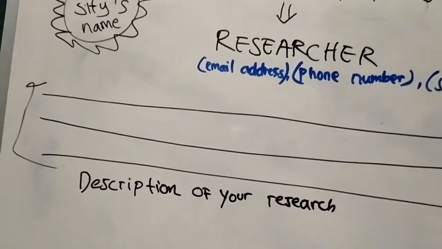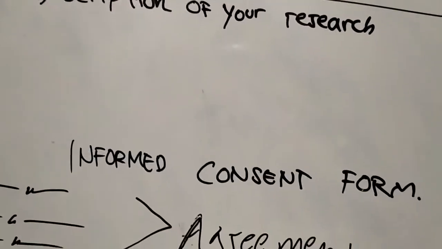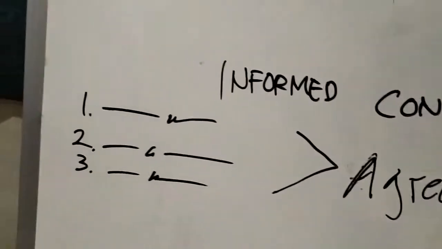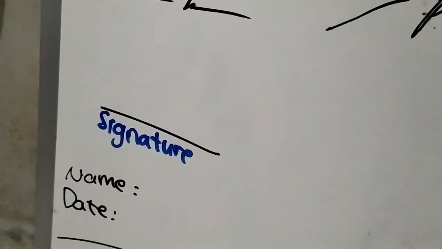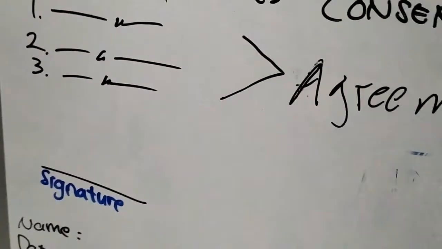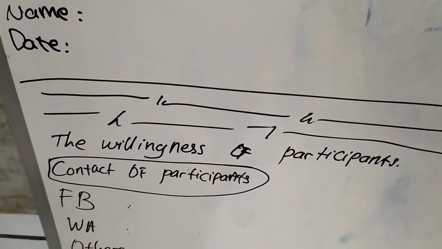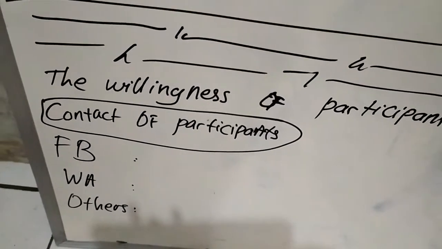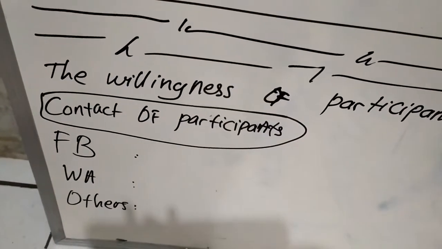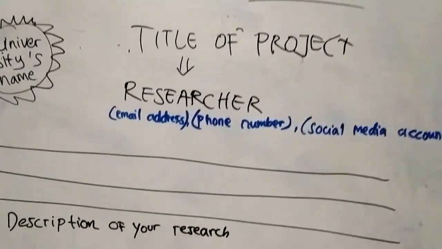And then there will be the description of your research. And then we enter the informed consent form, where there will be an agreement, followed by signature, the name of the participant and date. So if the participant is willing to participate in our research, there will be some contacts that can be written by our participants, such as their Facebook, WhatsApp, and others. So that's all the illustrations of the informed consent form.